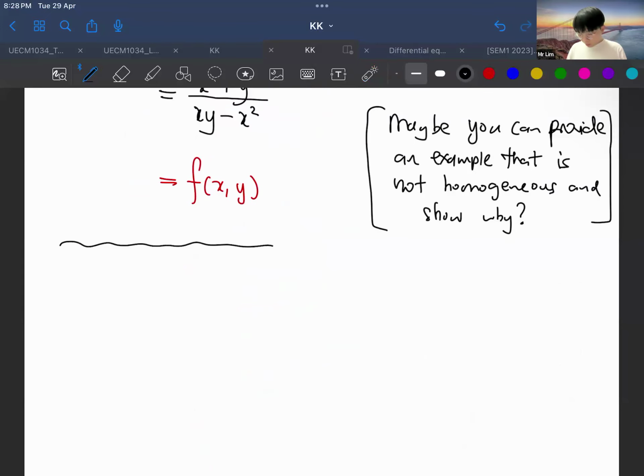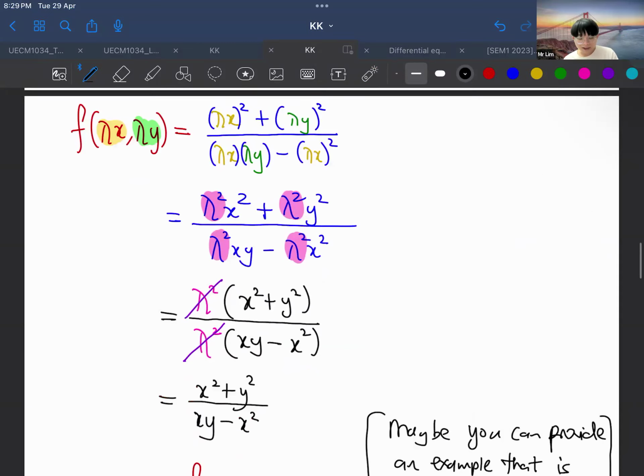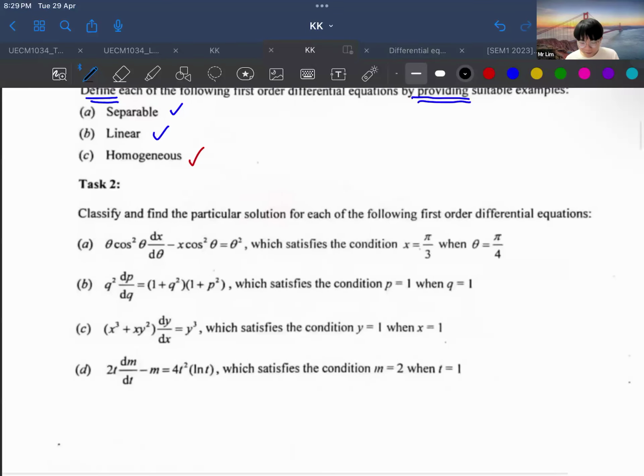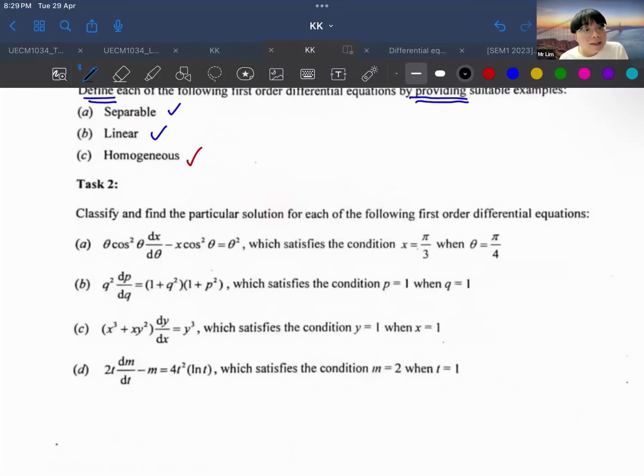So now we have done our task 1. We are now able to define all the differential equations and give some simple examples. For the first 2, you do on your own. So now we jump to task 2, where we're trying to solve this. Can I ask, I will ask one by one: what do you think is the type of the differential equation for 2a?